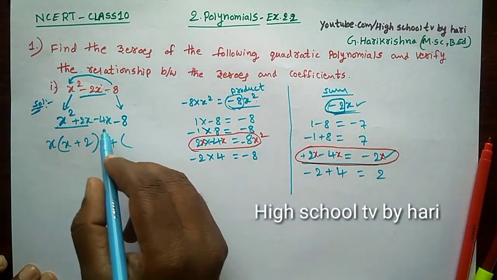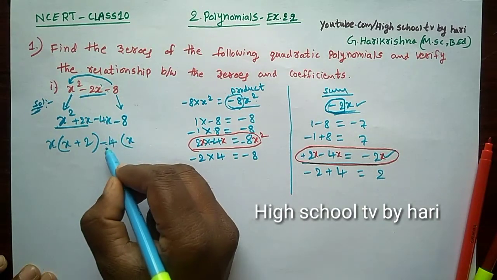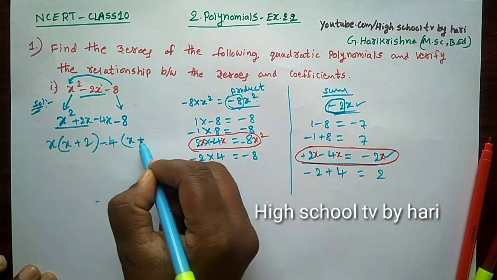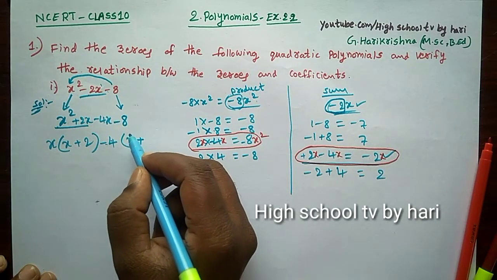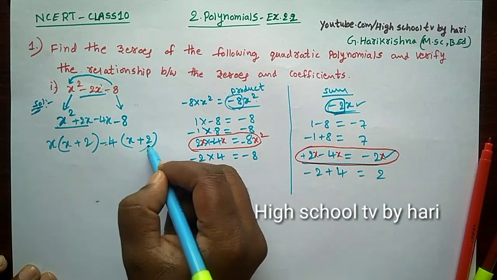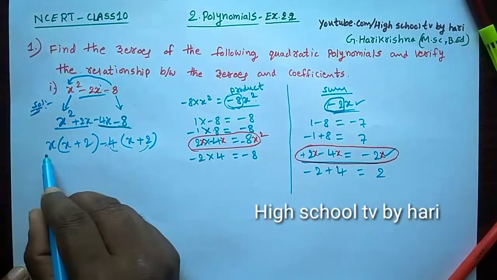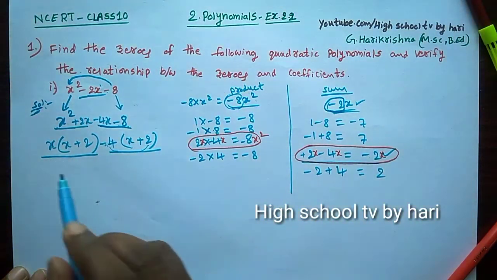Minus 4 is taken out, and remaining from the first term is x. Minus 4 into x is minus 4x. Minus 4 into 2 is minus 8. If you write plus here, you get it wrong.